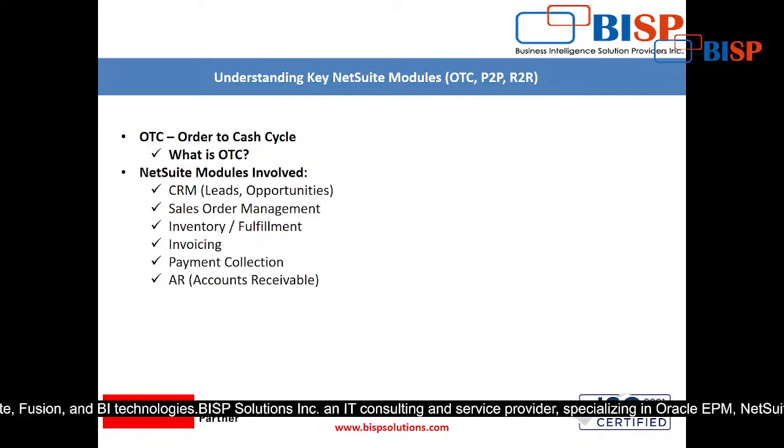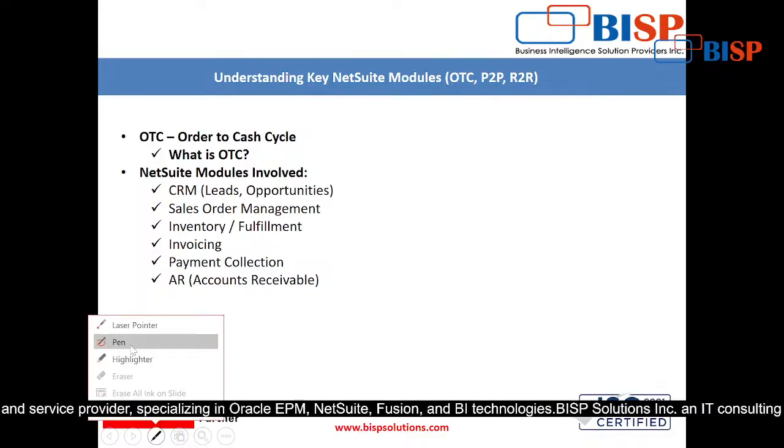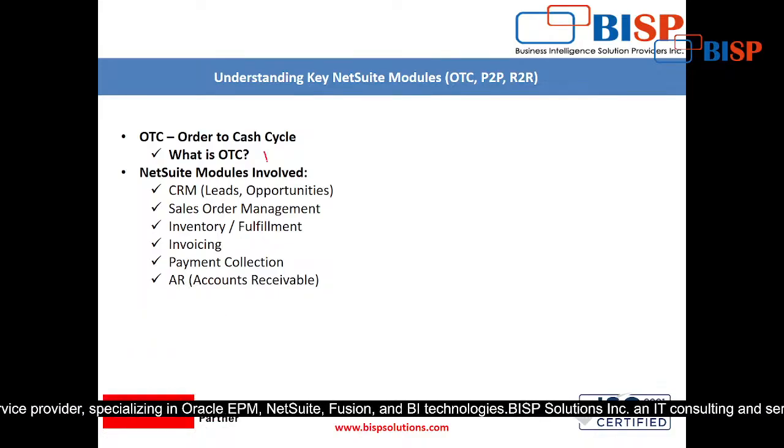Now in O2C, a sales order is a transaction record, and there are also many metadata records, like the customer record, which is a master record. First of all, we have seen what O2C is.